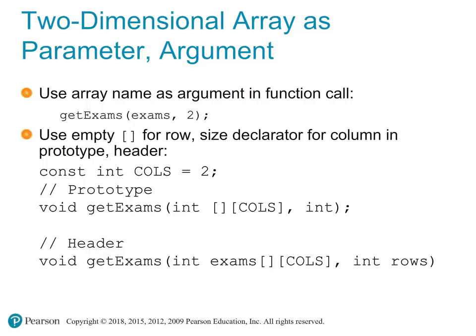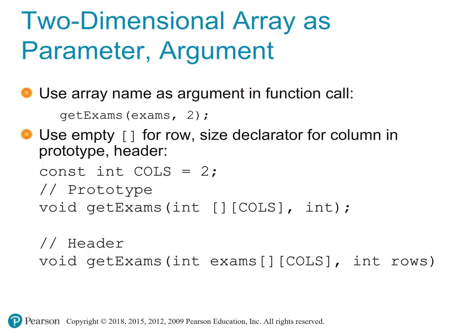The empty bracket indicates that the function can accept any number of rows. The size declarator for the columns, which is COLS in this case, needs to be explicitly mentioned in the prototype and the function header.